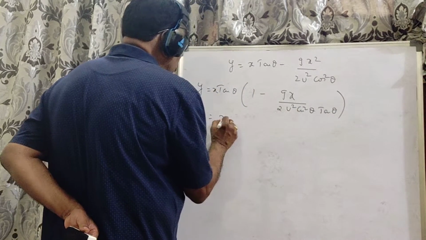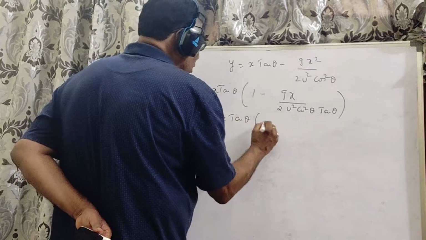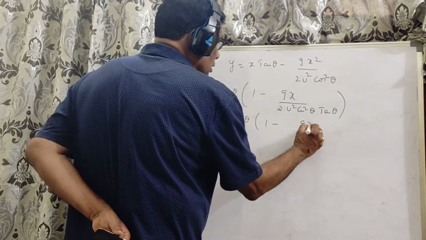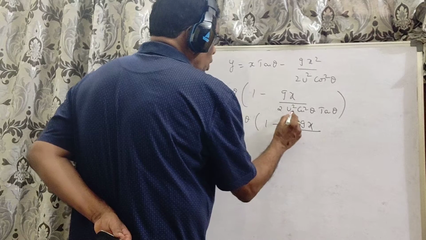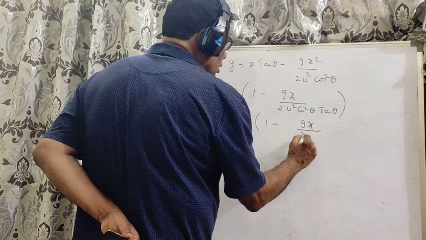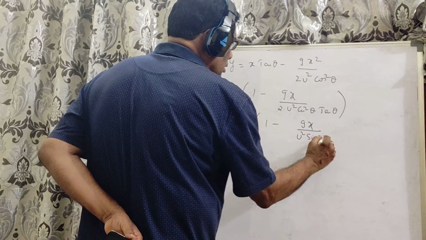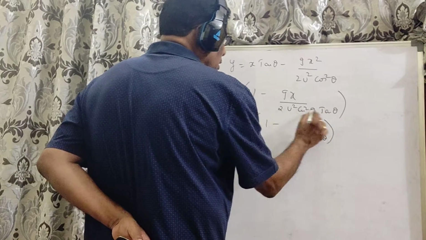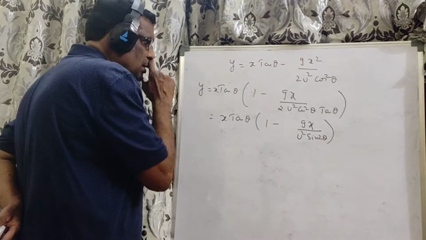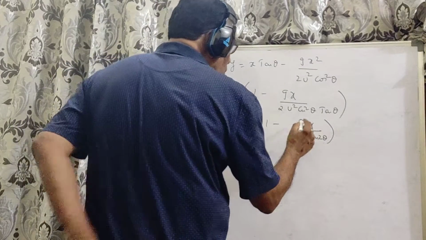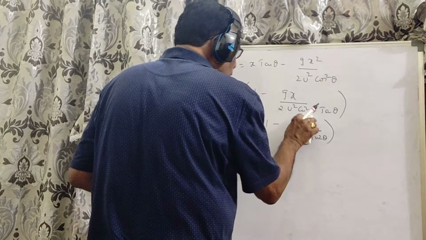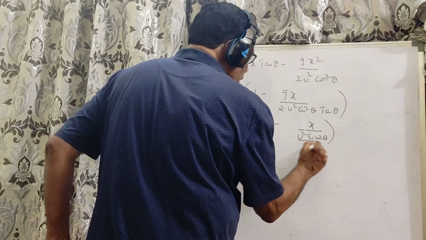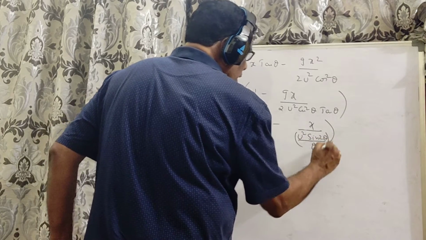So how can you write this? X tan theta, 1 minus gx by u square sin 2 theta. Sin by cos gets cancelled. 2 sin theta cos theta is sin 2 theta. Now this g, I can bring onto the denominator.